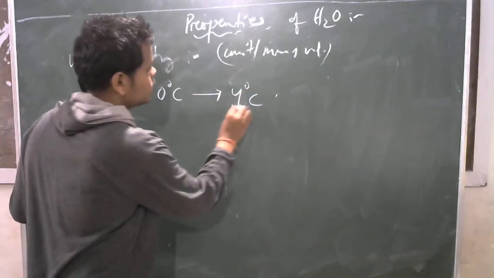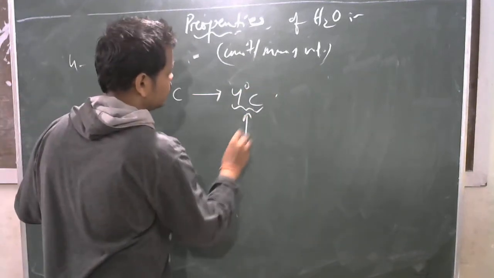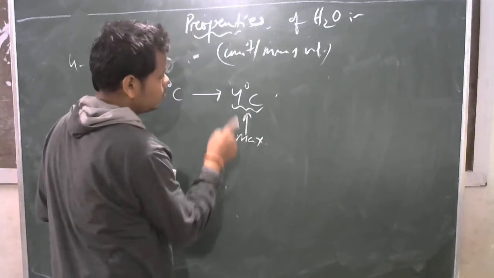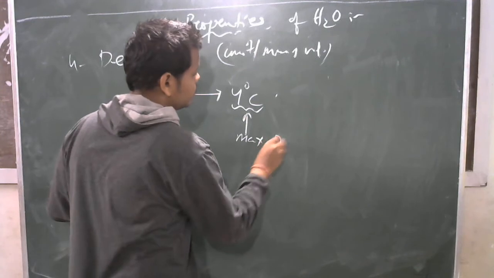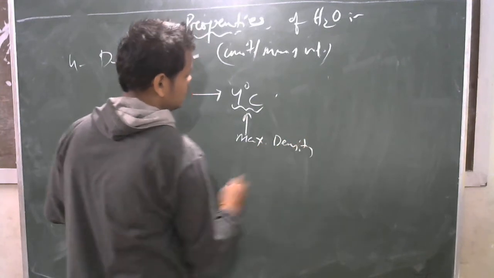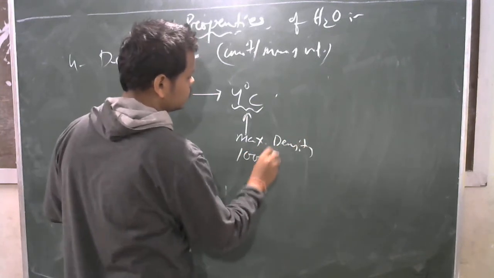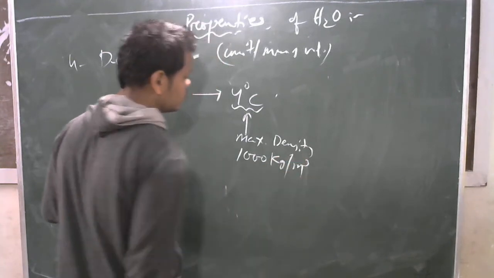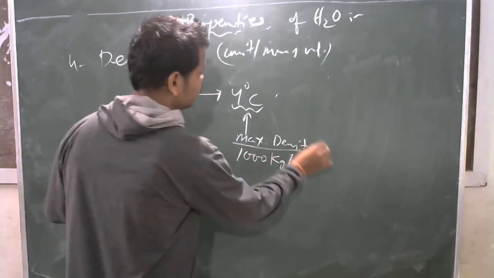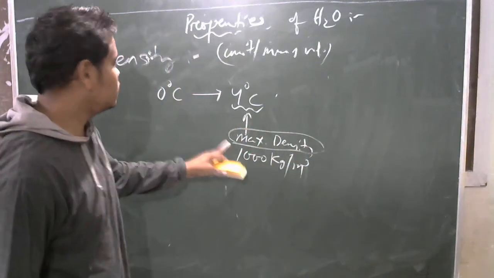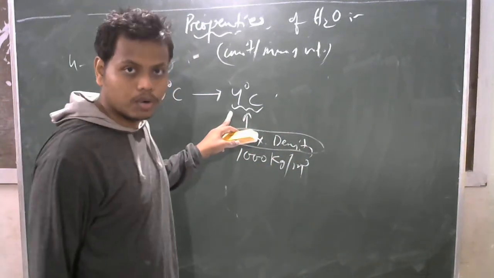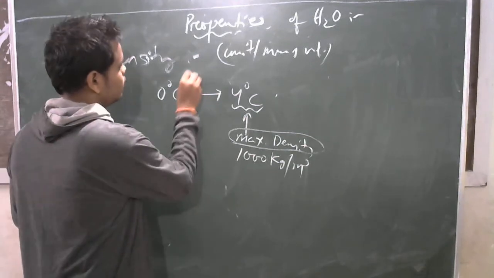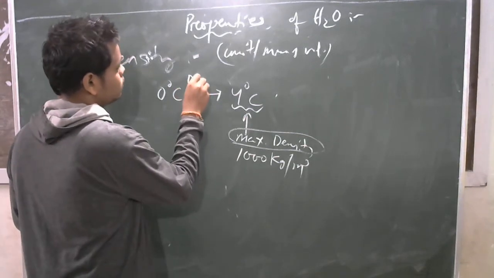At 4 degree Celsius, water has its maximum density, that is 1000 kg per meter cube. Okay, so this will be important. The maximum density of water is obtained at 4 degree Celsius. From 0 degree Celsius to 4 degree Celsius, density increases.